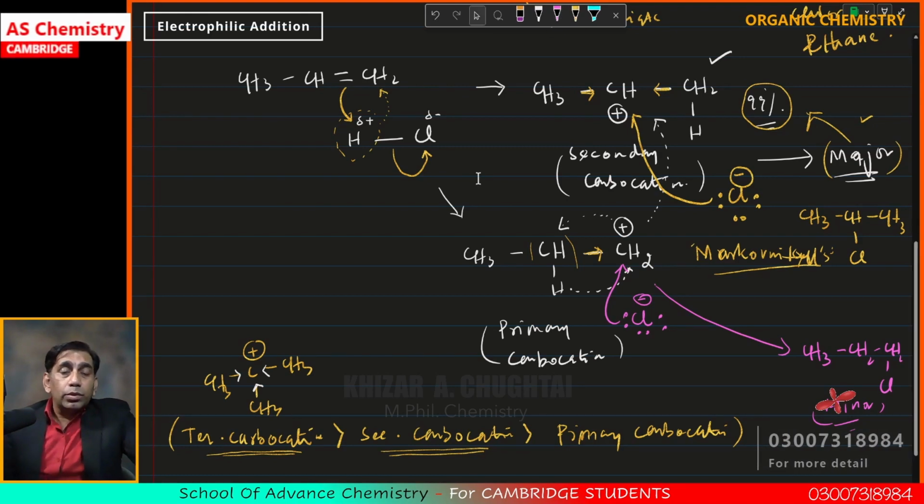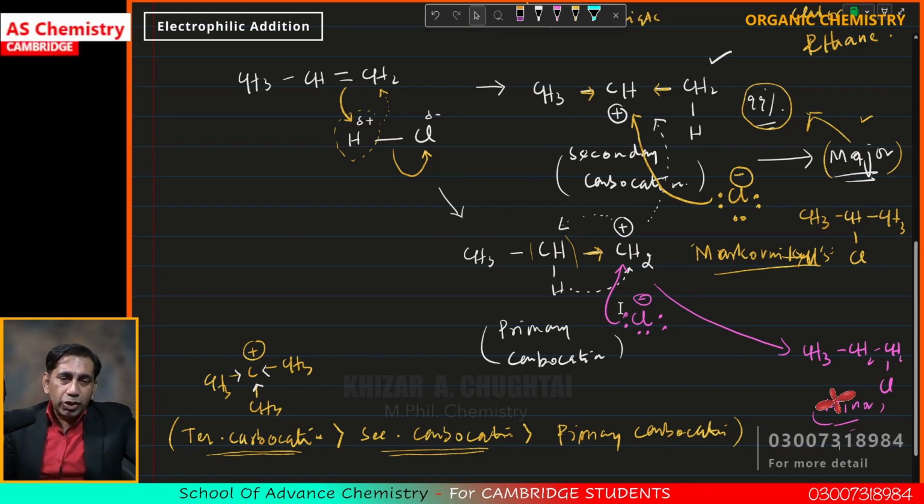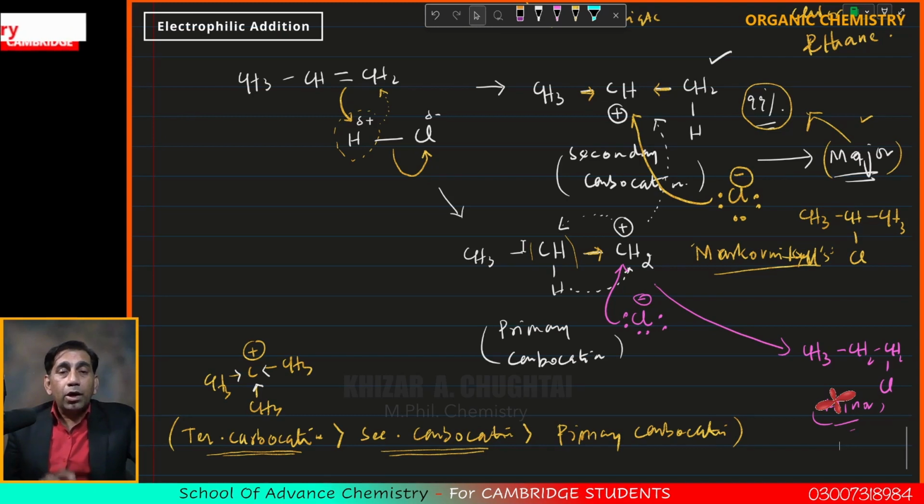I told you how to choose the mechanism and how to write it. If they're asking to write the mechanism of the minor product, then you will go through this route. The first step is similar. Where is the change? The change lies over here, whenever you make the primary carbocation. Then you will have to decide whether you want to make the primary or the secondary carbocation.